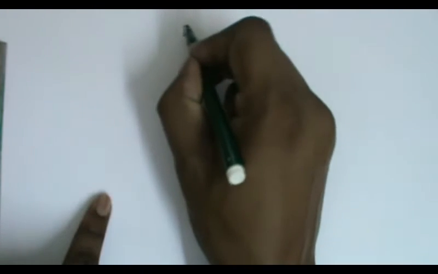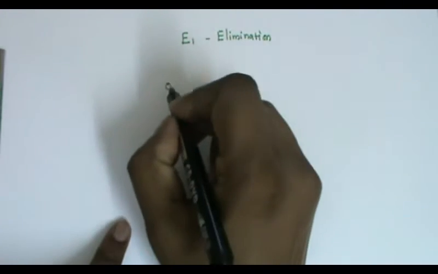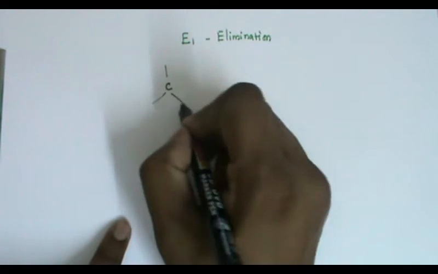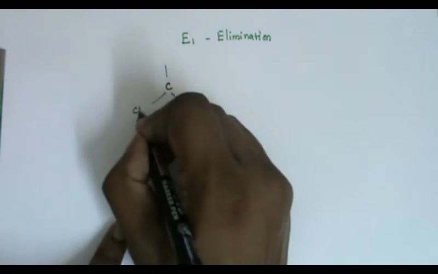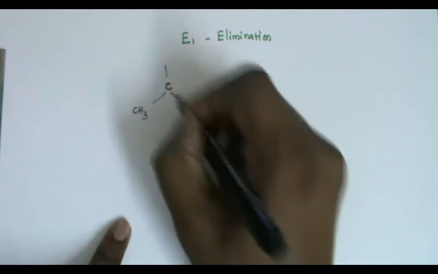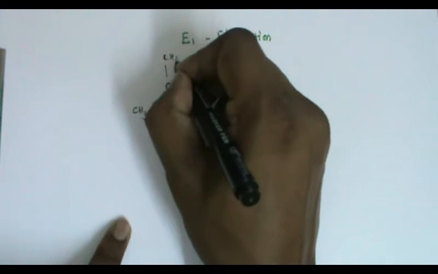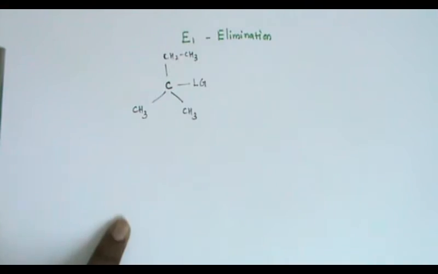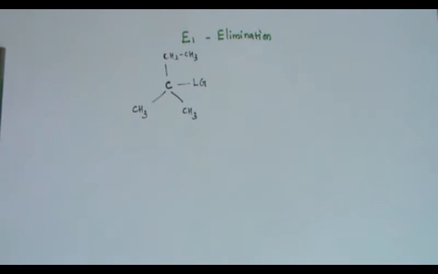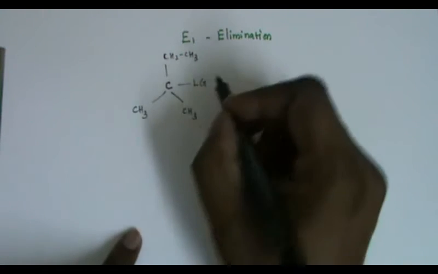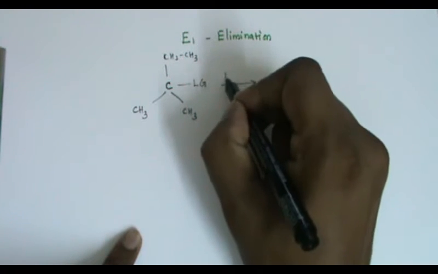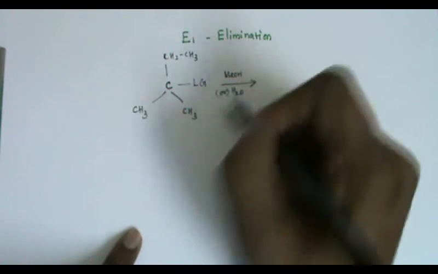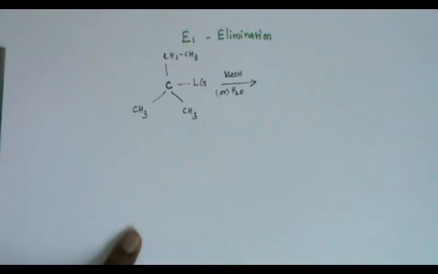Now let us go to E1 elimination. Generally, this reaction takes place in a tertiary alkyl halide. I go for CH3, or here it may even be CH2CH3, something like this. Here there is some leaving group. That leaving group is going to get eliminated, in a polar protic solvent like methanol or water, similar to SN1.